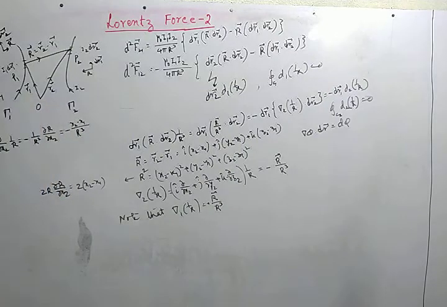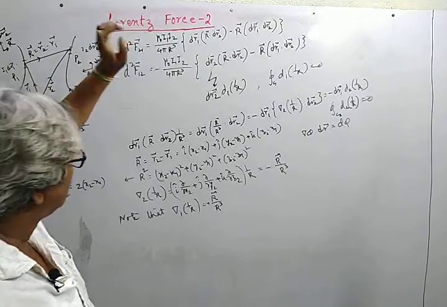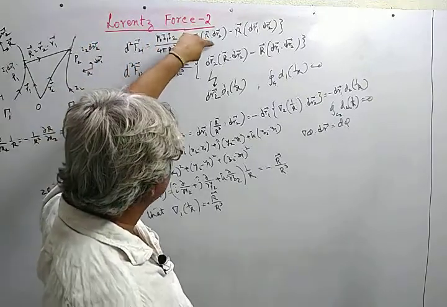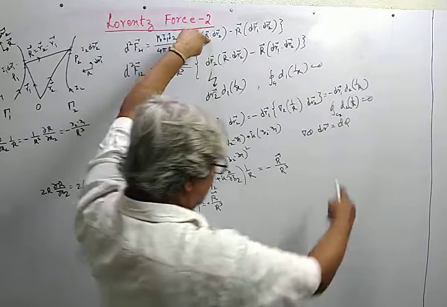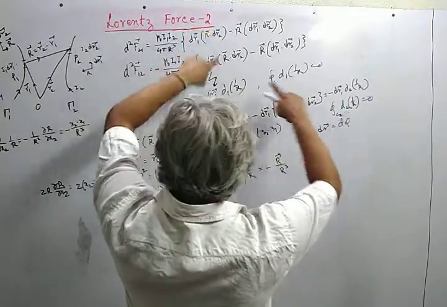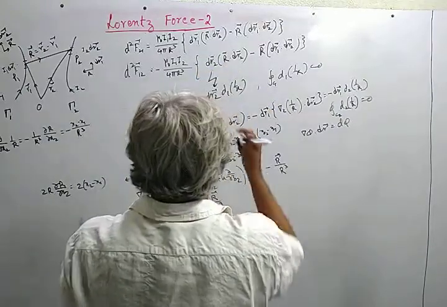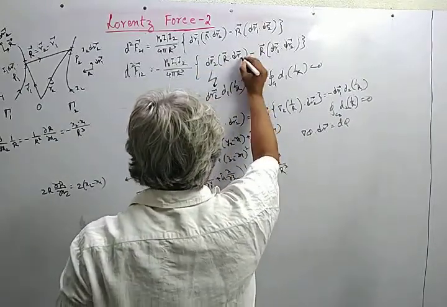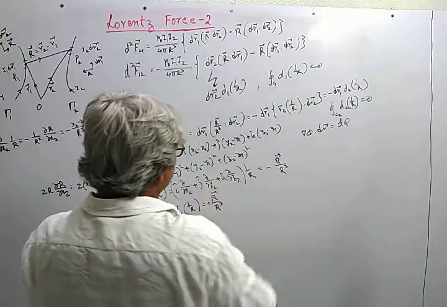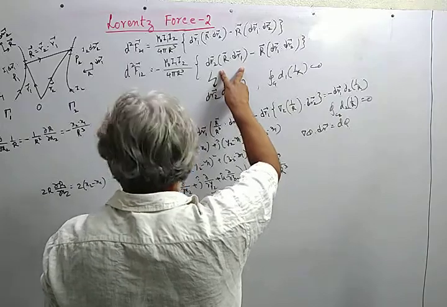So we see that whenever we integrate this expression over two closed conductors, this part vanishes when one integrates over conductor 2, and this term goes, sorry, I have made a mistake, this should be 1, and this term goes when one integrates over C1.